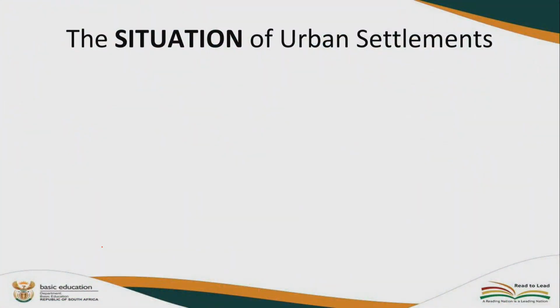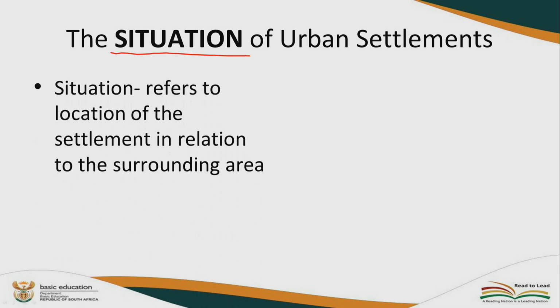These are the concepts that you already understand from when we were explaining rural settlement. The situation that we look at when we are doing urban settlement: situation refers to the location of a settlement in relation to the surroundings, which means you are locating this settlement in a place that is already developed. Things are already there. What are you looking at?